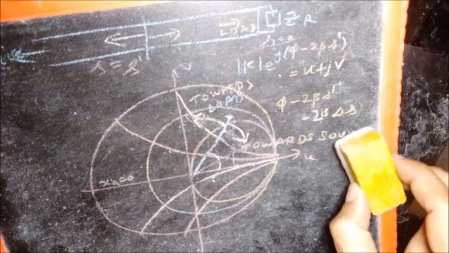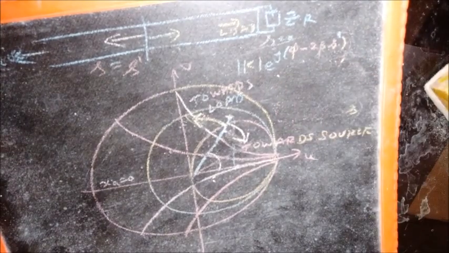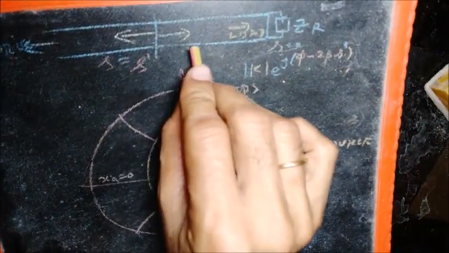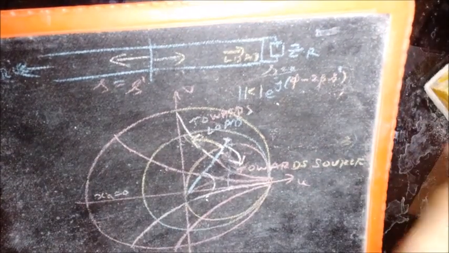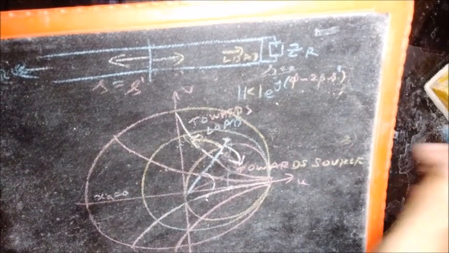Now another interesting observation is that suppose we indeed move delta s, be it in this direction or this direction. Let us say we are moving towards the load by delta s, so you are going in this direction.